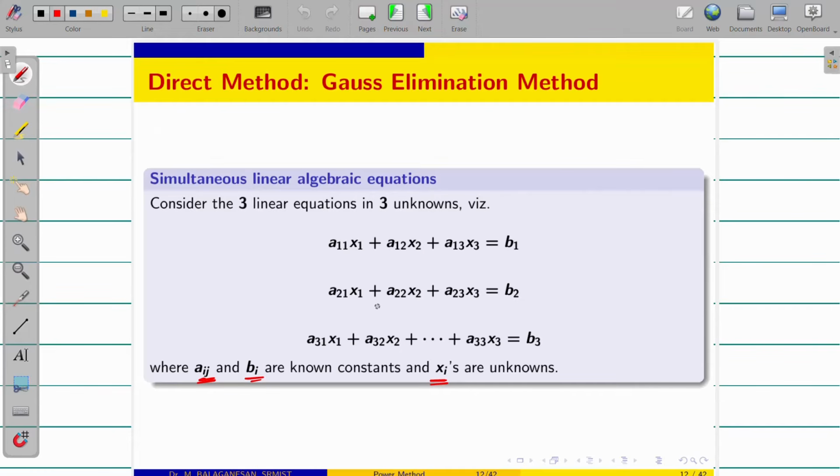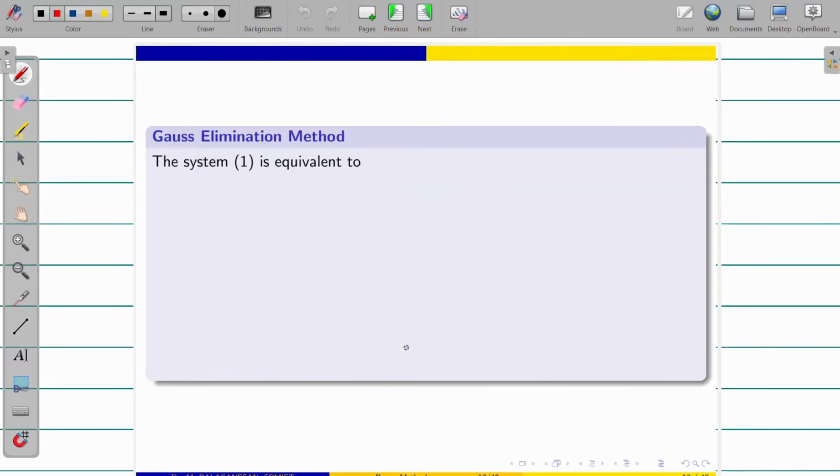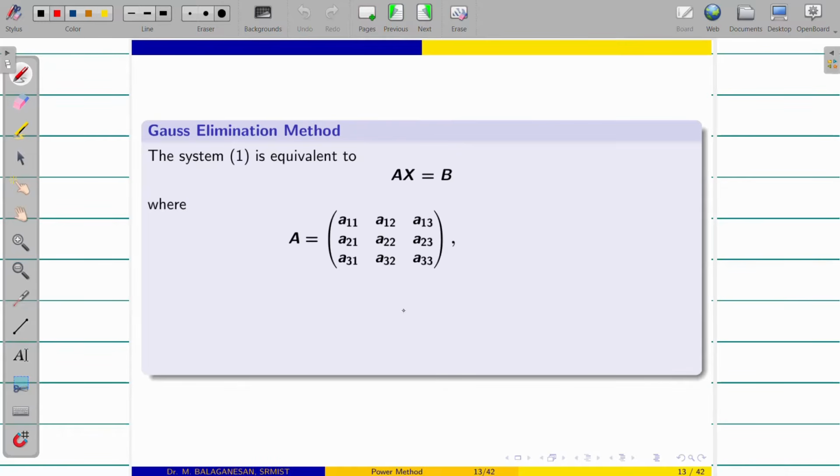The coefficients form the matrix A, the variables x1, x2, x3 form a column vector X, and the constants b1, b2, b3 form the column vector B. So AX equals B, where the constant values b1, b2, b3 appear on the right-hand side of the system.